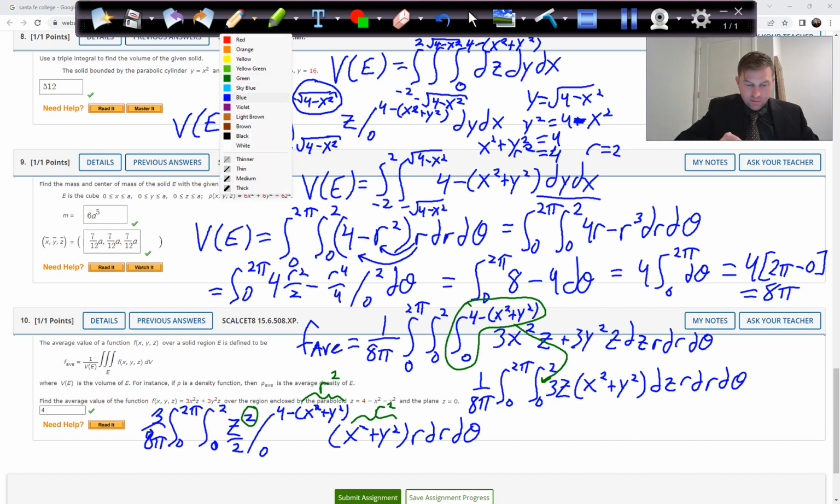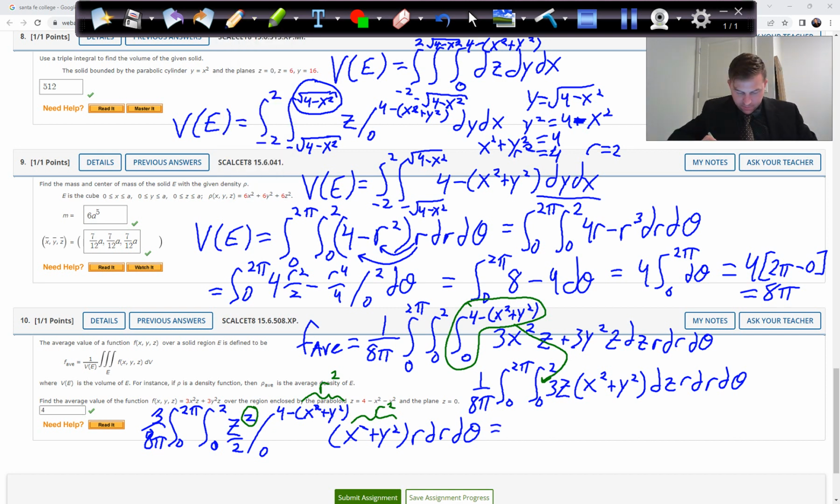This is equal to 3 over 16 pi, so I pulled this 2 out, times z squared, which would be 4 minus r squared squared, times another r squared, times another r, then dr d theta.